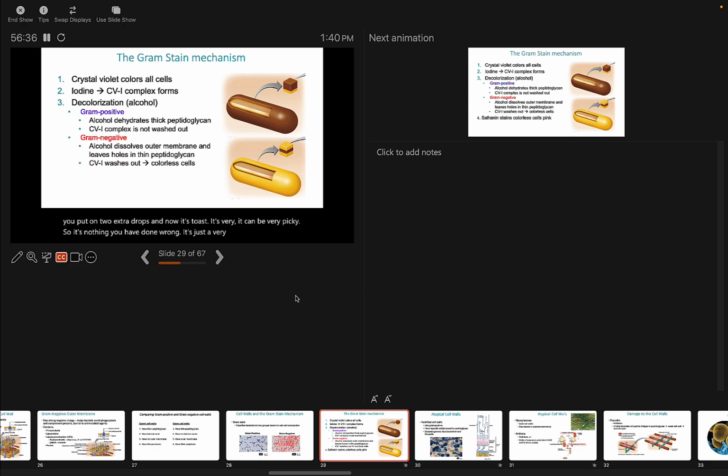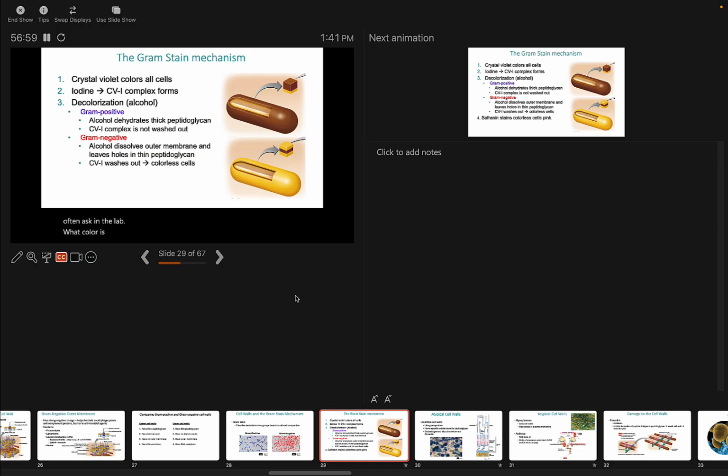Now in theory, the gram negatives should lose it. They don't have very much peptidoglycan, so even if it dehydrates, big deal. Alcohol also denatures the membrane and allows the crystal violet to come out of the peptidoglycan. So theoretically, and I believe this is a question that they often ask in the lab, what color is each step?